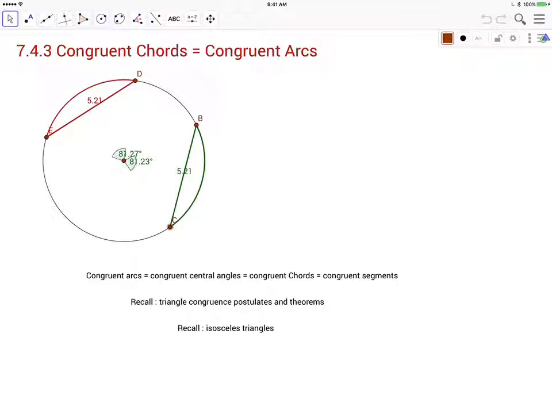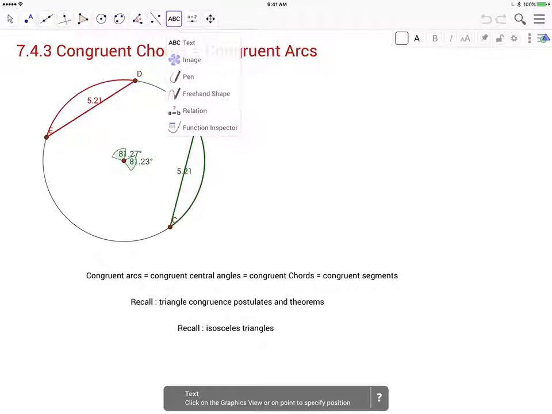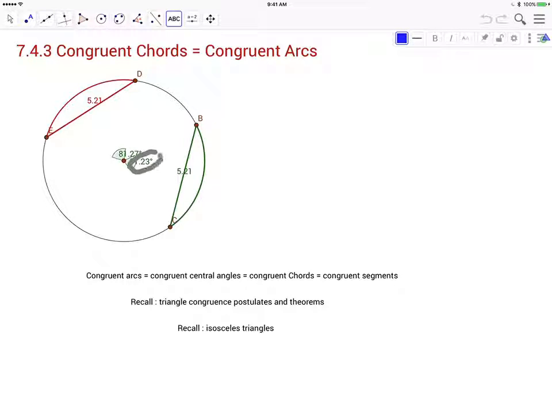And you can see that the central angles on the inside here are roughly the same, 81.27, okay? And remember again that the measure of an arc is the same as the measure of the central angle attached to it.